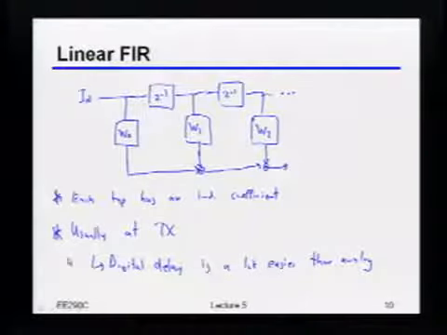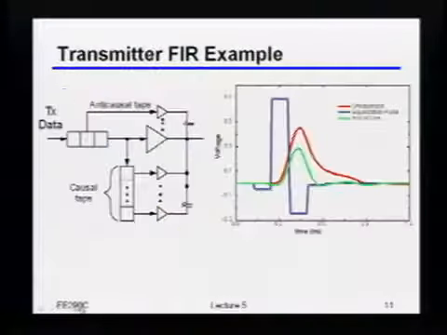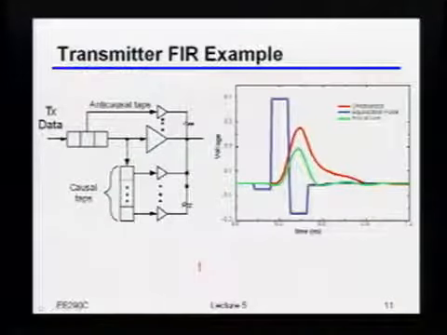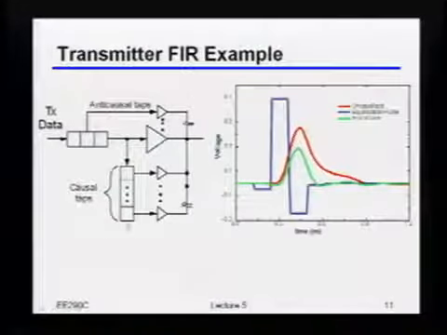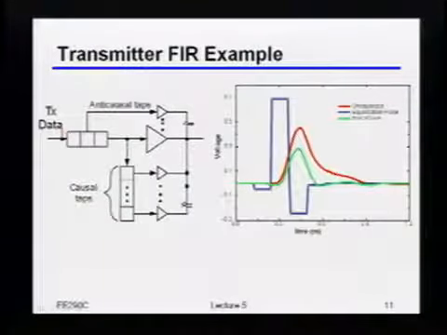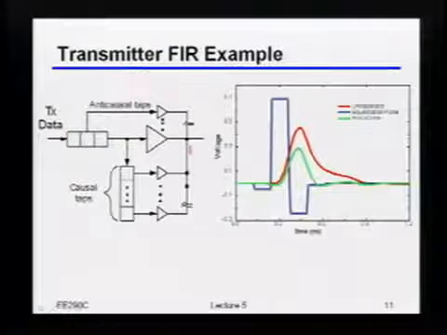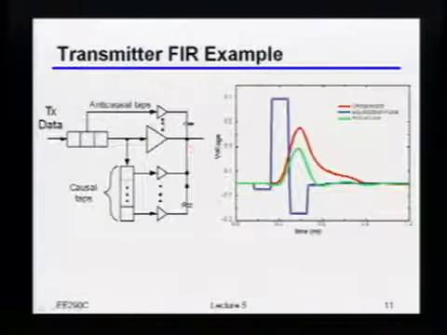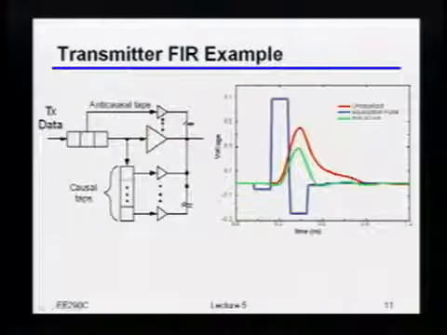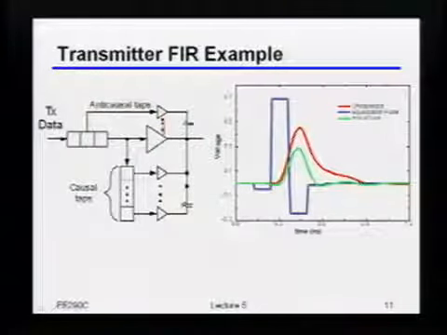If you look at what this ends up looking like, if I really was to build this FIR filter on the transmitter, the way you typically do it looks something like this. Again, we'll talk a lot more about this later on. What you do is take whatever your transmitter used to be and split it up into smaller chunks.